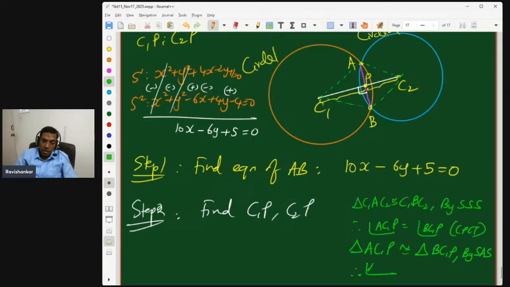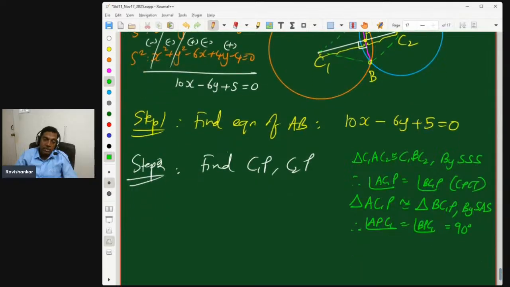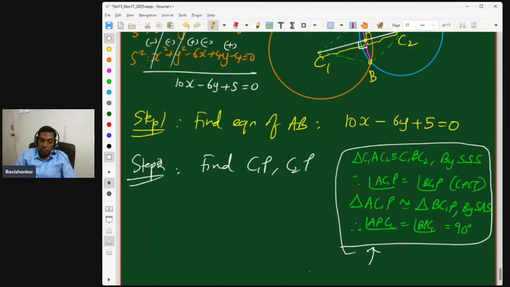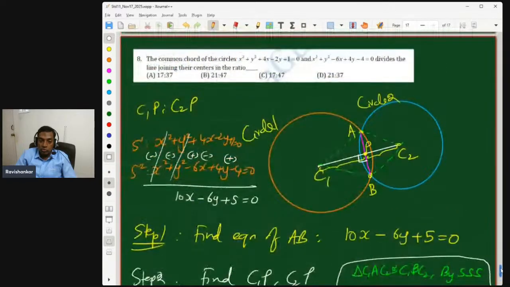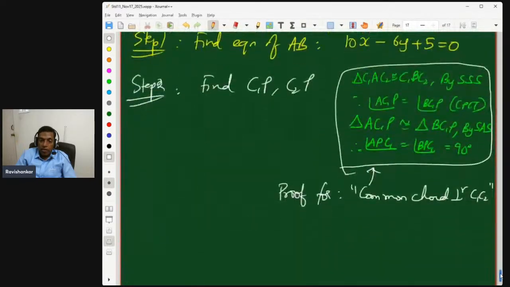Therefore, angle APC1 is equal to angle BPC1 is equal to 90 degrees. So if you want a proof that the common chord is perpendicular to C1C2, this is the idea. I hope this is clear.